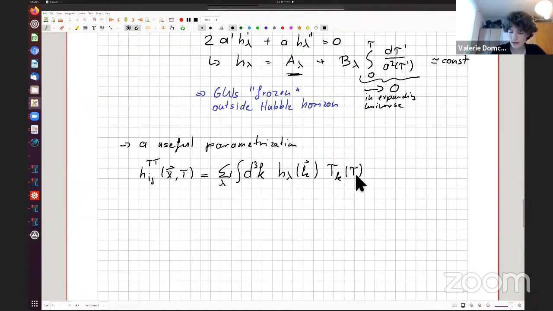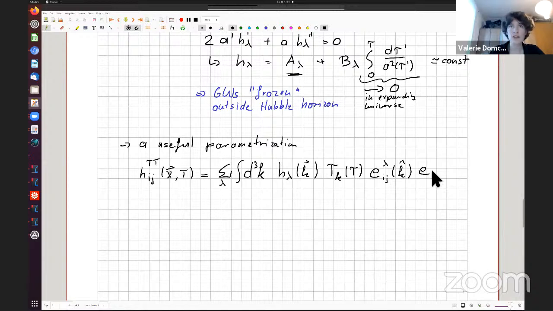I'm going to divide my amplitude essentially into a k-dependent part and a tau-dependent part, and I'll explain in a second why I can actually do that. Then I will have a polarization tensor, because I need to go from these ij indices to the plus-minus indices. I know that I only have these 2 degrees of freedom.